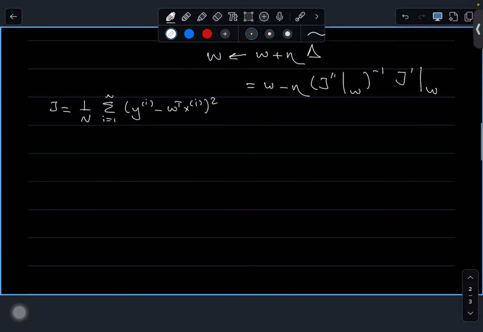So this is my cost function. And in order for me to have a good learning rule, I want the gradient, the first derivative, and I want the second derivative. So let's see what that tells us.